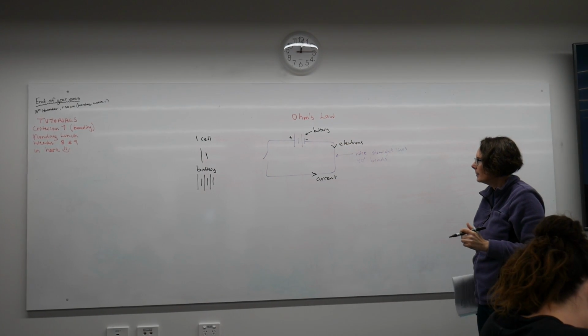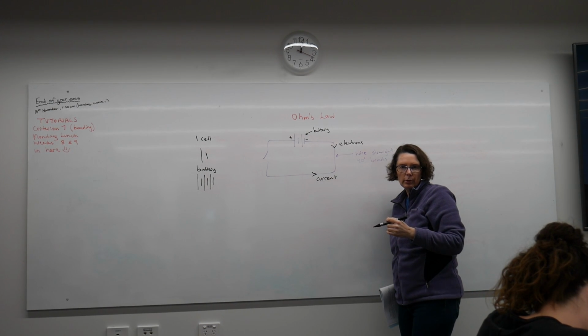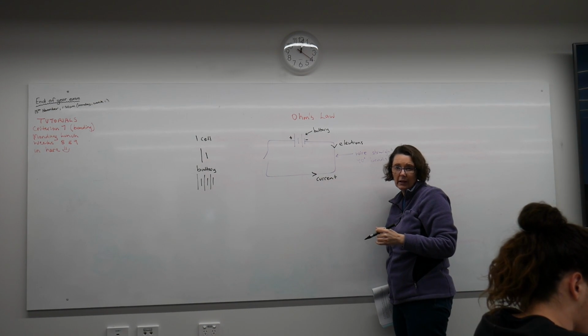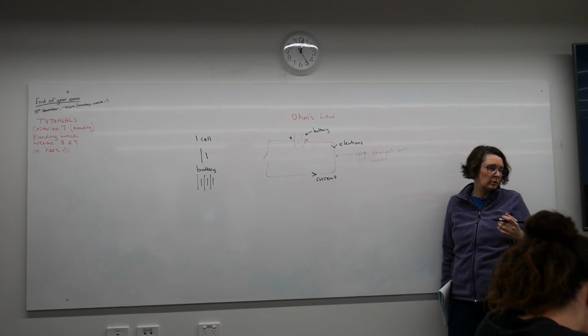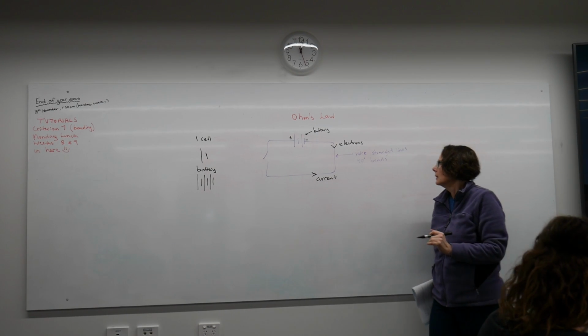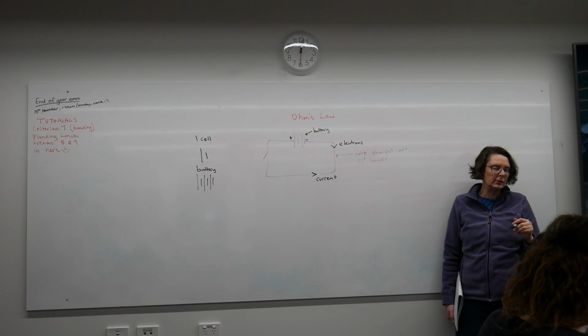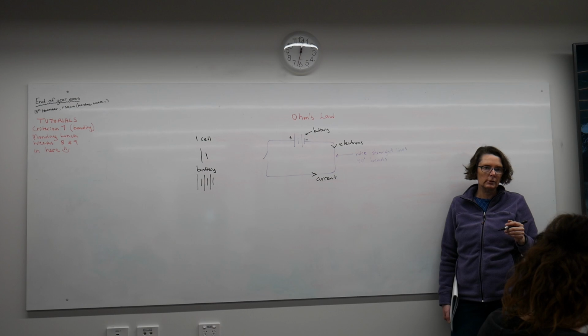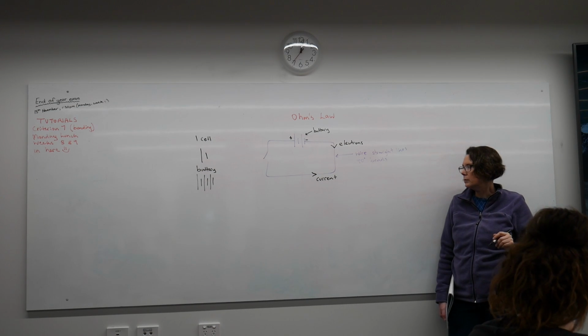So we can think about the battery as what's giving the electrons the push. It pushes the electrons. So the more powerful the battery, the bigger the push. And here the wire is offering very low resistance to the pathway of those electrons, and so they can move quite easily through the wire.